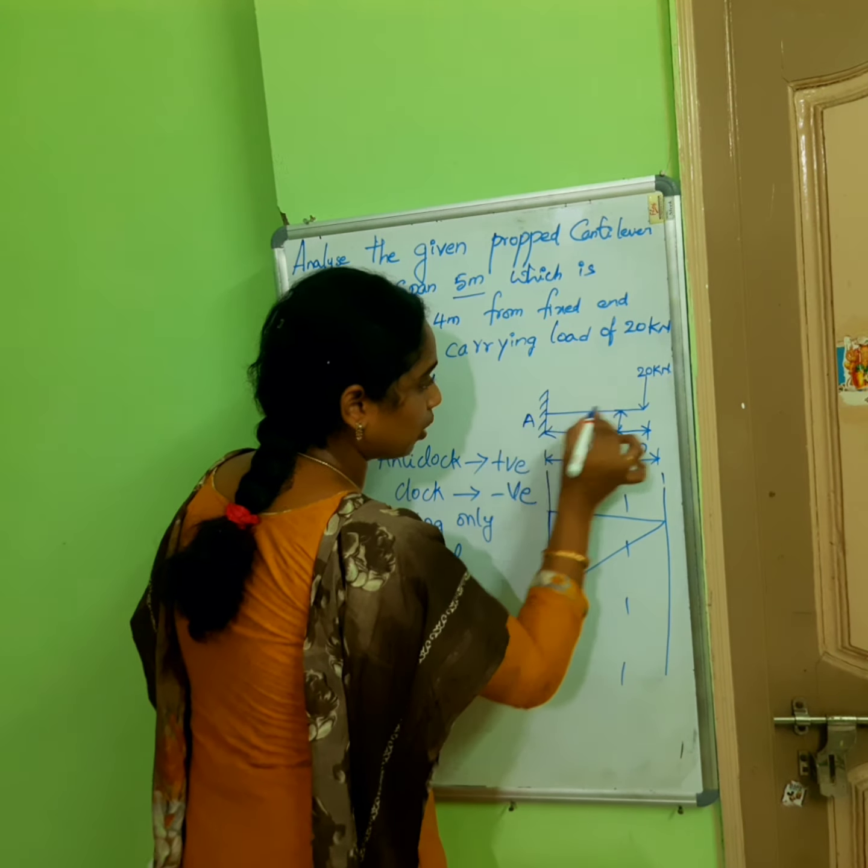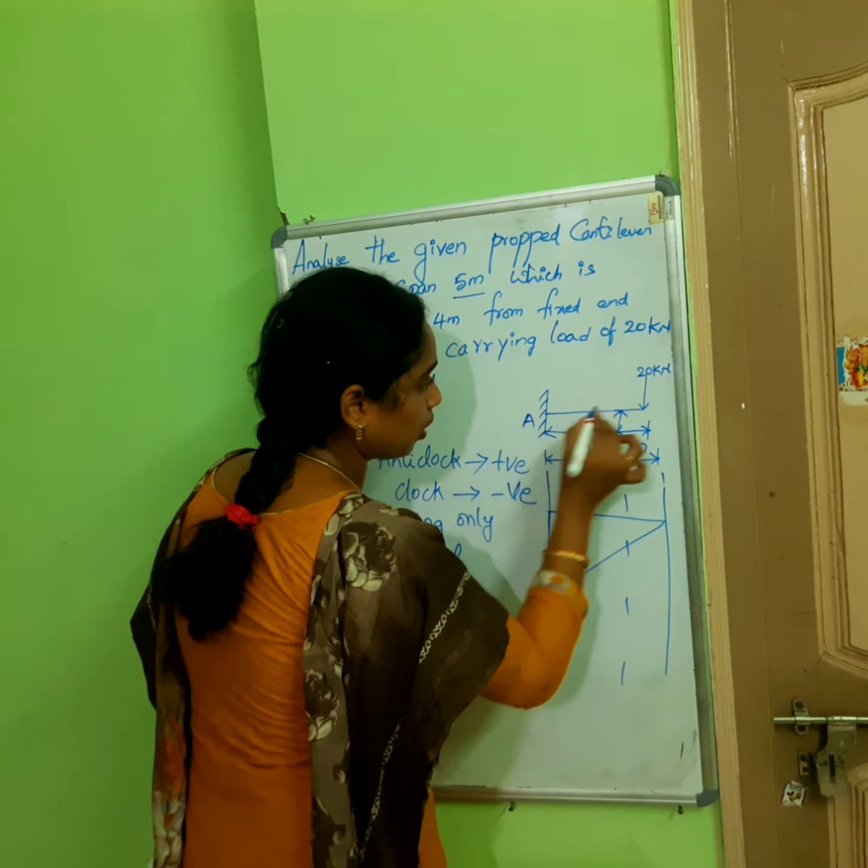How much did we get? See here, we got YC1 as 583.33 divided by EI. So what is the third step? YC1 is equal to YC2.